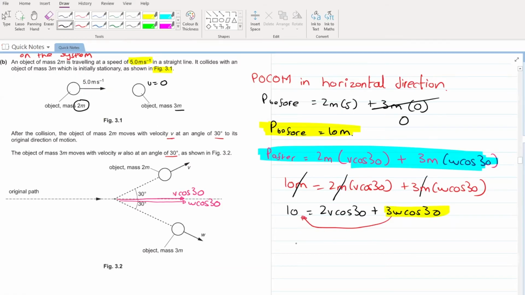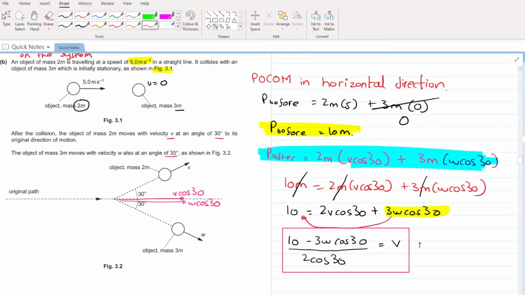This will become (10 minus 3w cosine 30) divided by 2 cosine 30 is equal to your v. This is your first equation, beta. पहली equation clear है? Is the first equation clear to you guys?